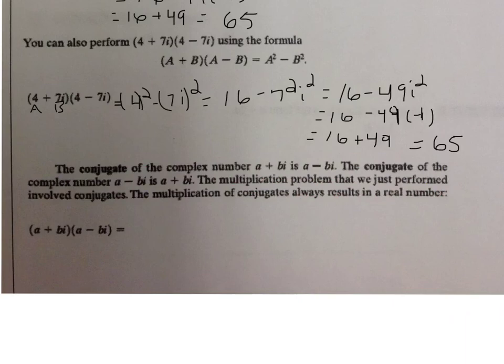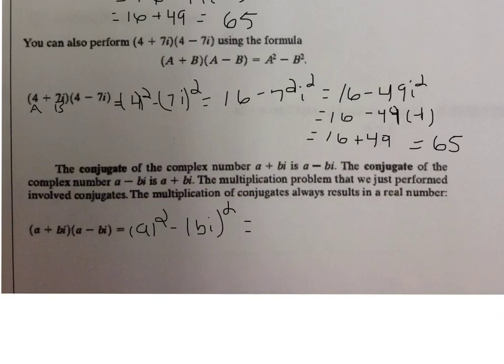If I took a plus bi times a minus bi, I would get the first term squared, a squared, minus bi, that whole thing, squared. So a squared minus bi squared.